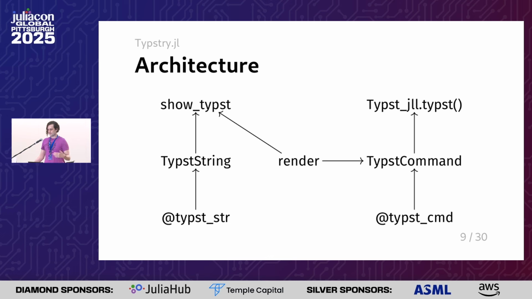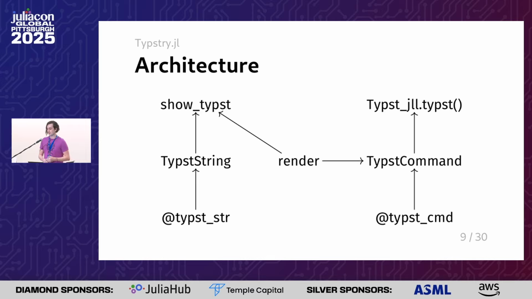This is a general structural diagram of the primary objects and functions you'd be interacting with in Typstry. So in the top right corner, this Typst.jl.typst, that is the Typst command line interface itself as a JLL package. 2 years ago at the JuliaCon hackathon was when I first started coding this project and using that, just learning how to use that resource to compile a document, and from then I've built the rest of the structure from there.